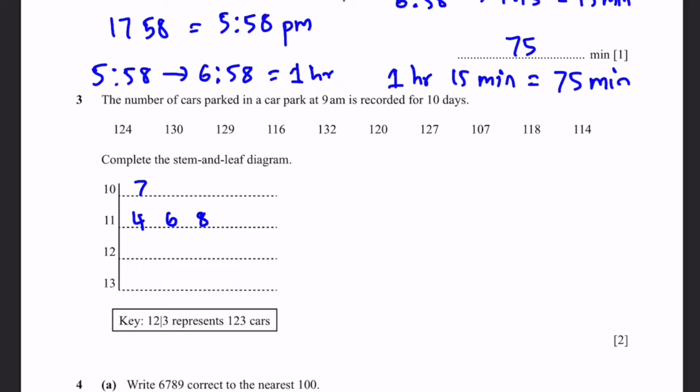So we have to start from the smallest, so 120 is first, for 0, then 124, then 127, and then 129. So now let's go to the 130s. In those, there's only 2 values, 130 and 132. So we write 0 and 2. And that's it for the stem and leaf diagram.